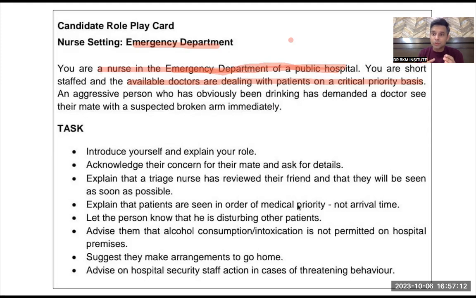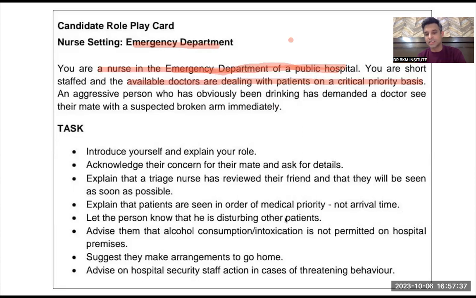So it is according to the severity of the cases that we attend the patient, not according to the arrival time. A nurse has already reviewed your friend and your friend is completely out of danger, so there is nothing to worry. The doctor has already been informed. There is nothing to worry. These are the repetitive lines that you need to use in these kinds of role plays.